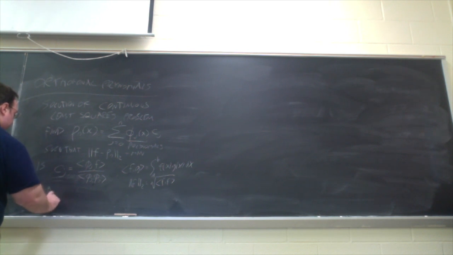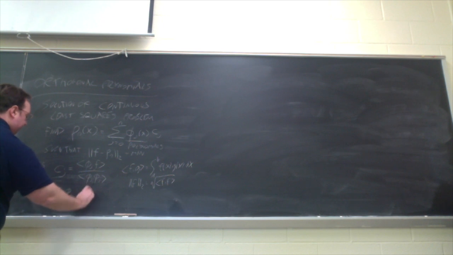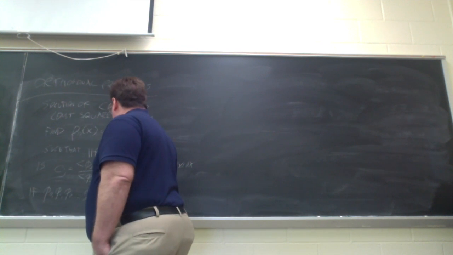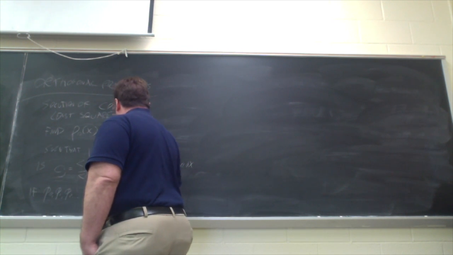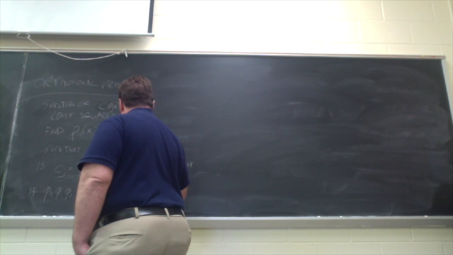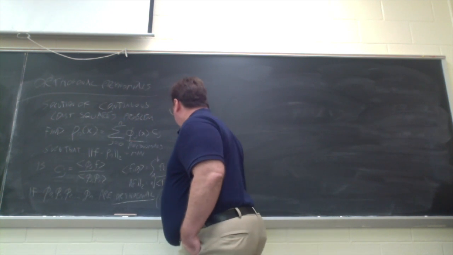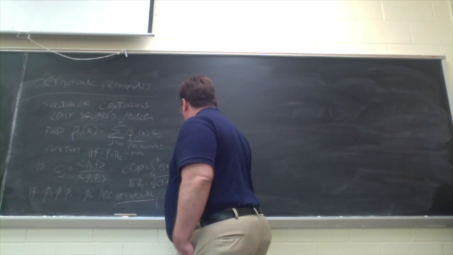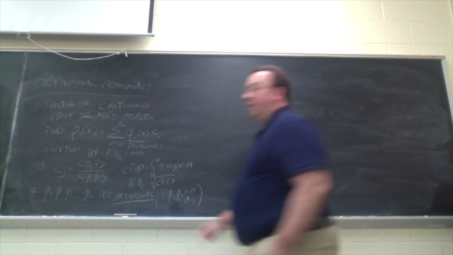these functions that span your space of polynomials of degree up to n are orthogonal, meaning that the inner product of Pi and Pj equals 0 if i is not equal to j.